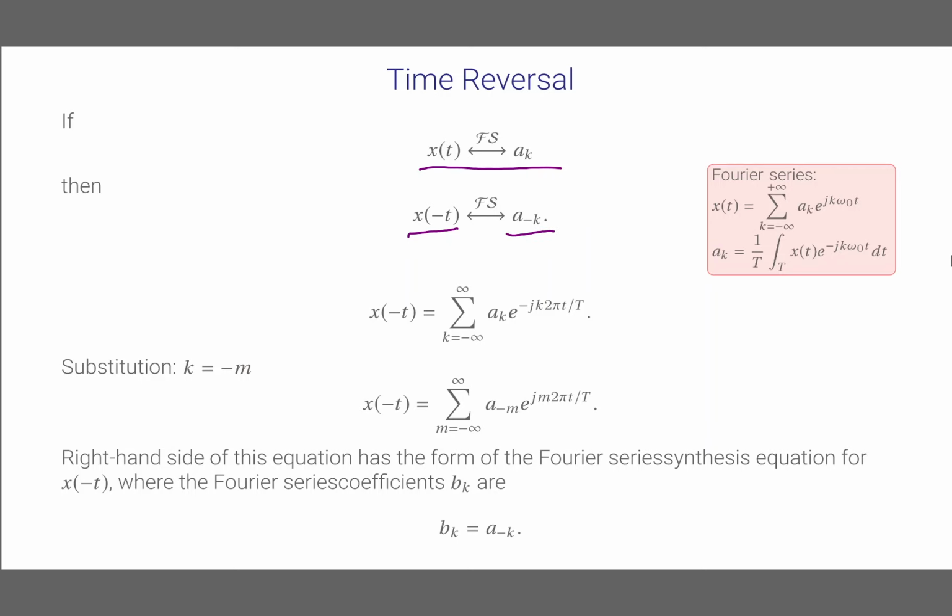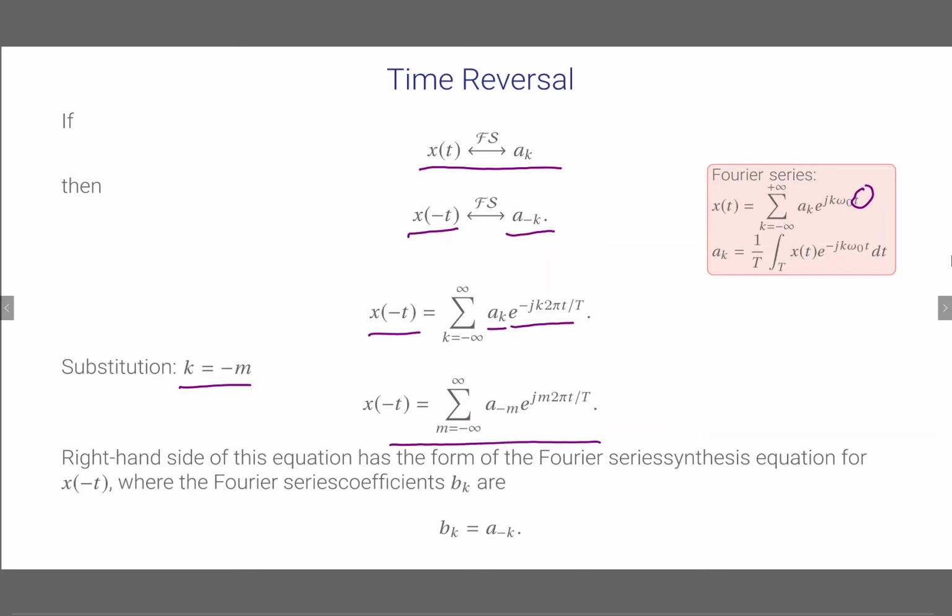So x(minus t) can be written as its Fourier series by writing a_k e to the power of minus jk omega naught t. So we did that by writing, instead of t, here minus t. Okay, then substituting k equals minus m, we get this formula.